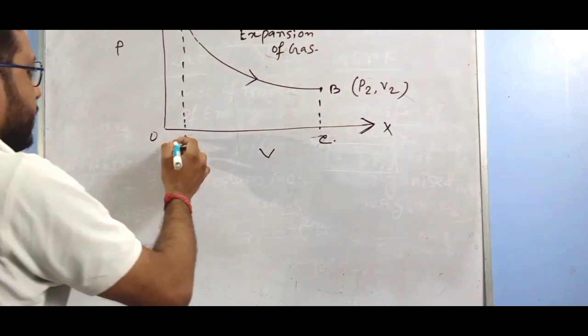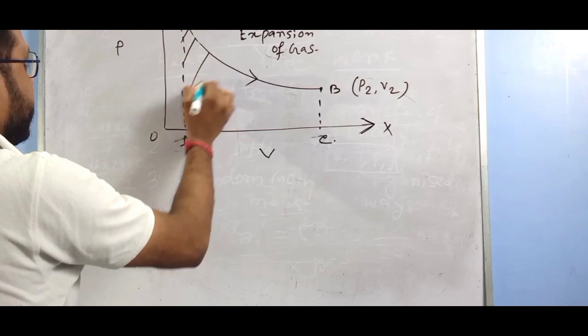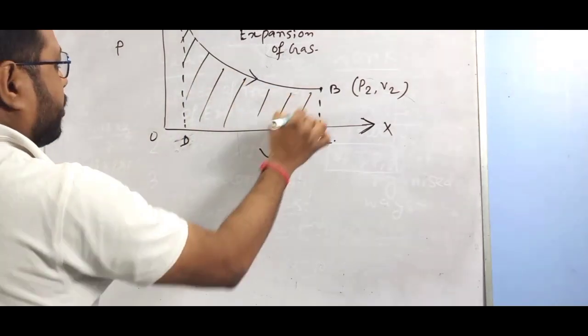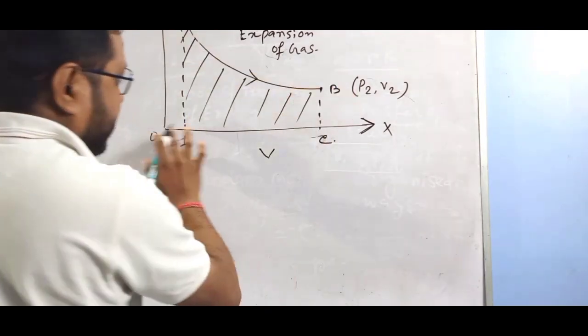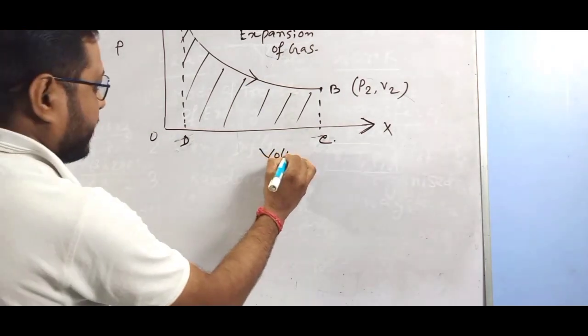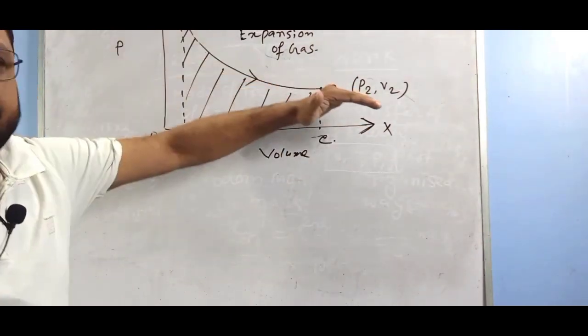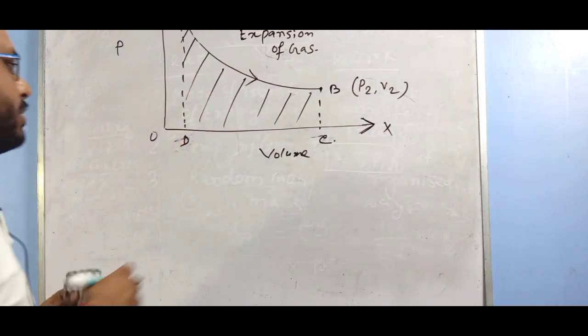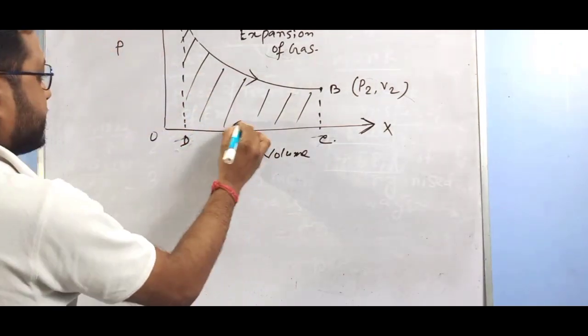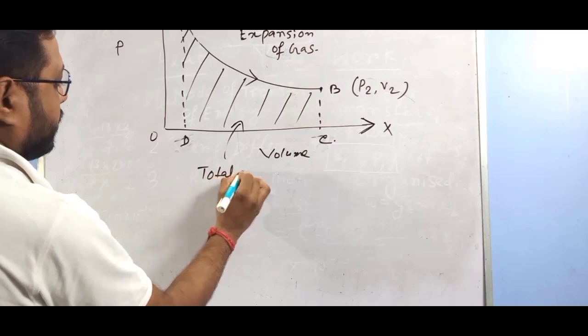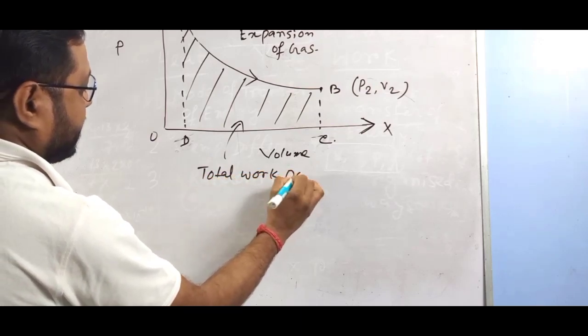Now this area, the area enclosed by the PV indicator diagram and the volume axis, this is the volume axis, is equal to the work done. This is the total work done by the gas.